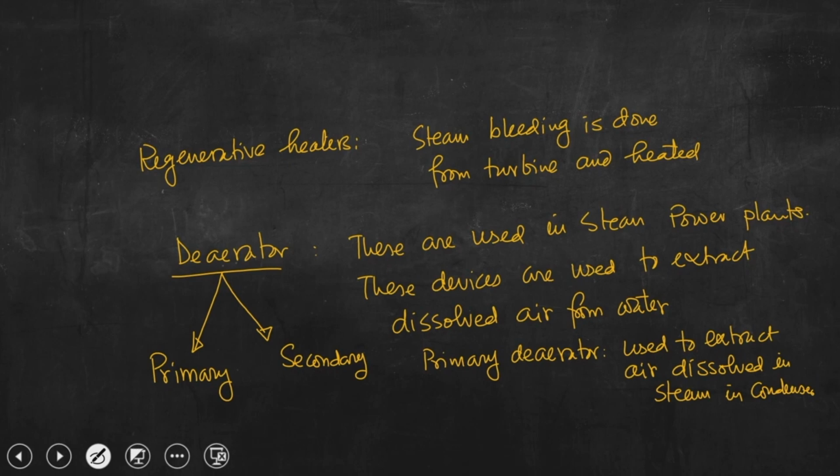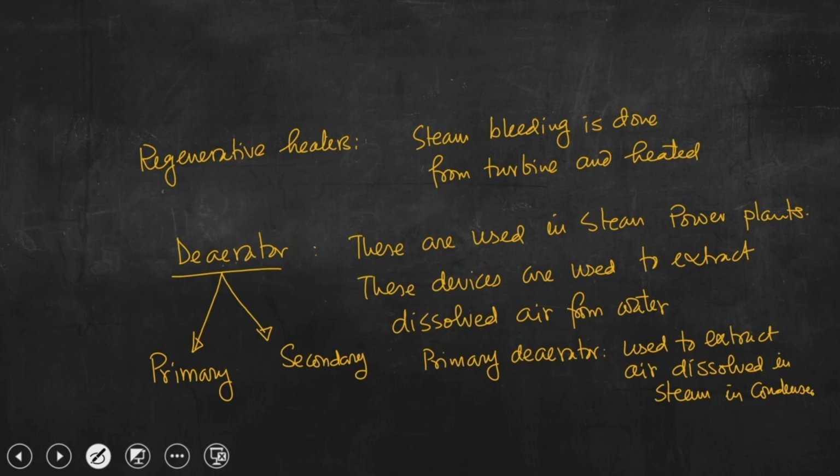And in the secondary deaerator, we are bleeding steam from the turbine, and that steam is allowed to mix with the condensate which is pumped. By mixing these two different streams we can remove air.